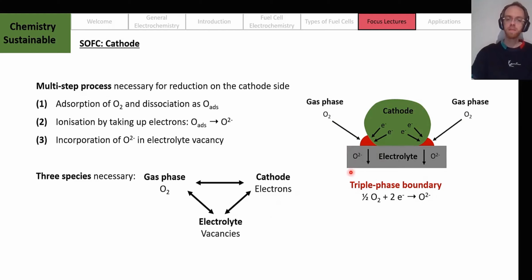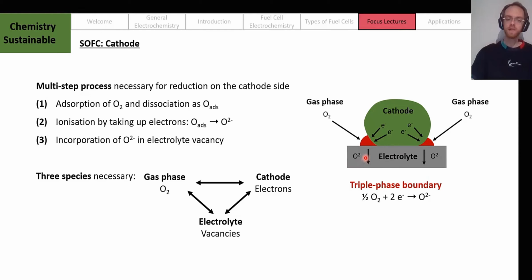We speak about a so-called triple phase boundary here, which allows us to perform this reaction of 1/2 O2 and 2 electrons reacting to 1 oxide ion here. So what do we have here? We have a cathode particle here basically, which is providing us with electrons, as you can see here. We do have a gas phase, which is providing oxygen, and we do have an electrolyte, which is taking oxide ions away from the reaction.